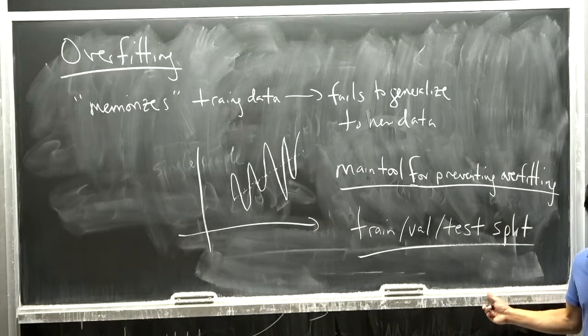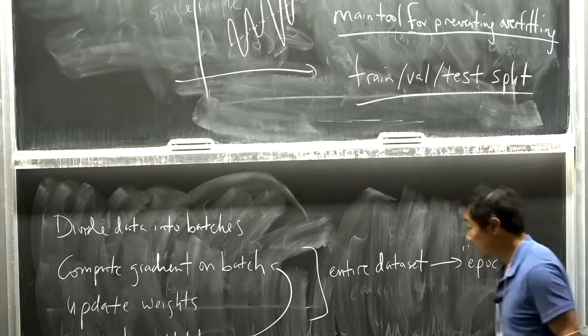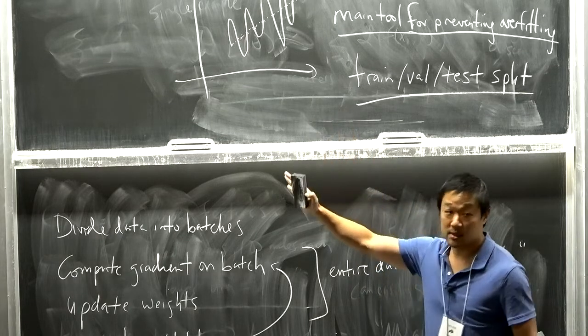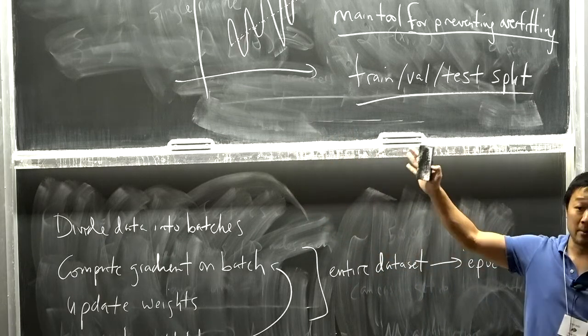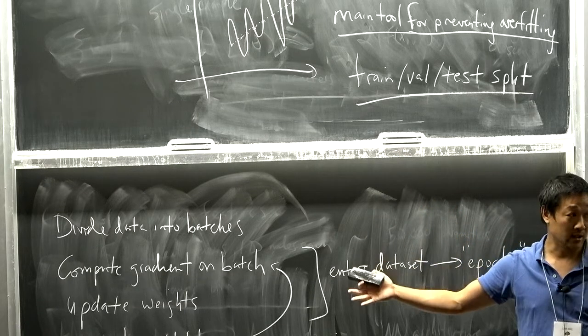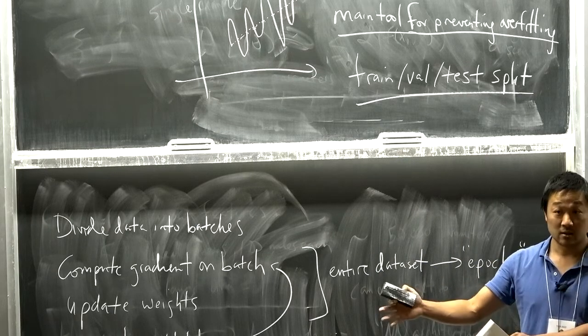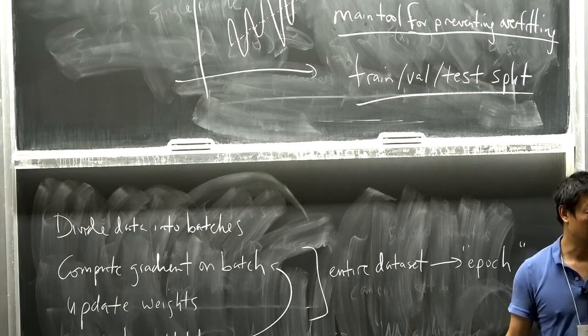It's a very simple idea. If the issue is that we're worried about generalization to unseen data, then let's diagnose and mitigate this problem by only training on part of the data, and then using the rest of it to see if we're overfitting.